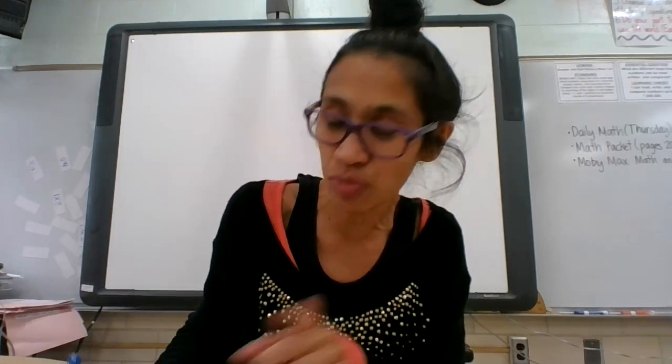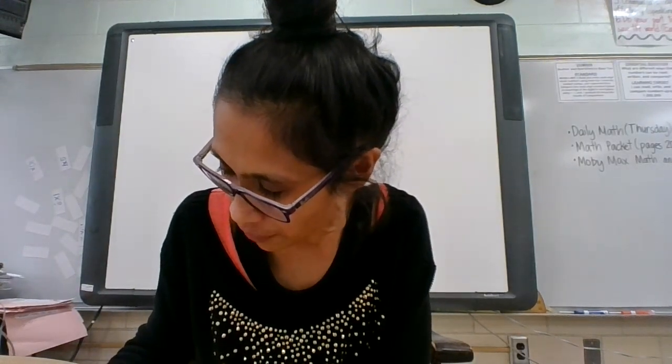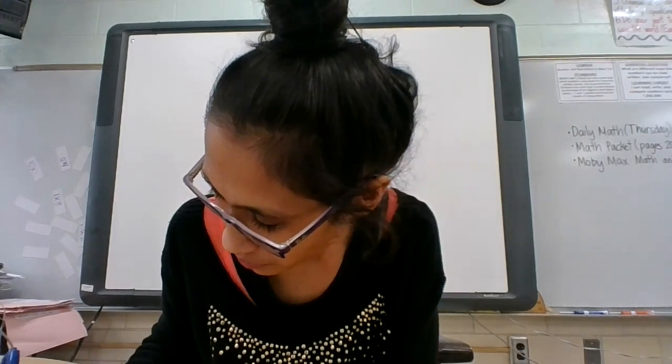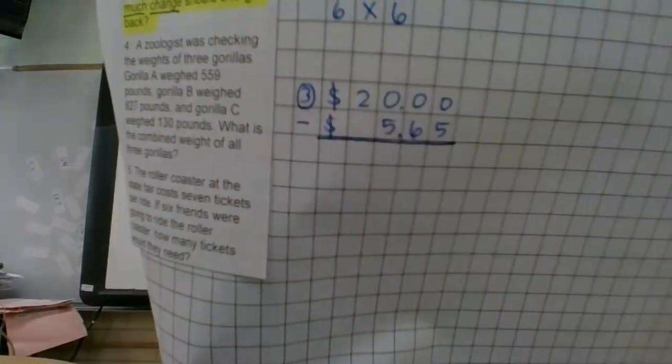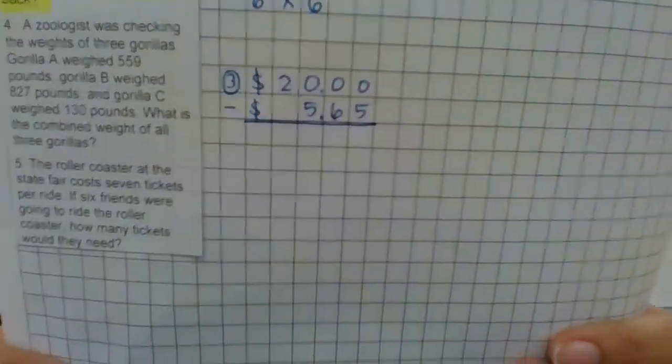Don't forget the decimal and your zeros for the cents, just like that. And then minus $5.65. Now remember, the $5.65 has to line up just like that. Okay, the decimals line up. And since the 5 is in the ones place, it's right there.